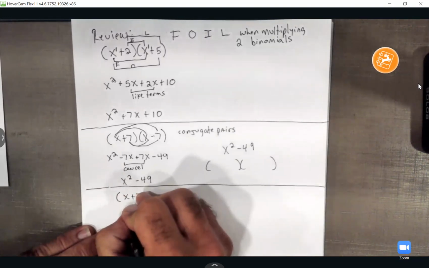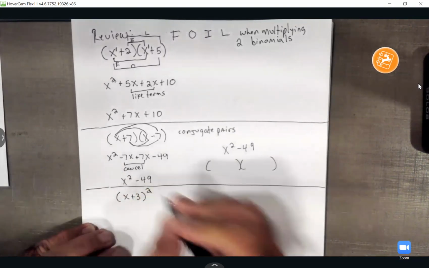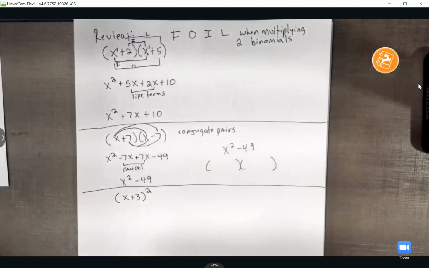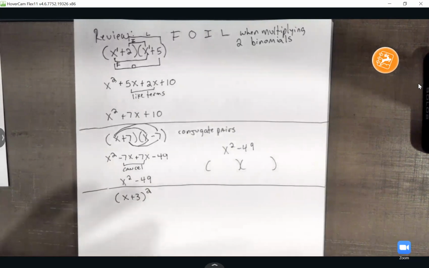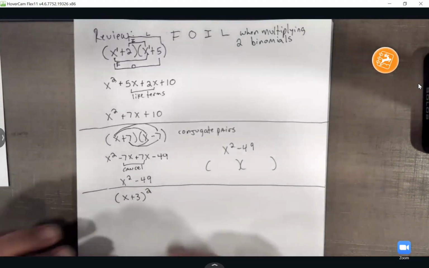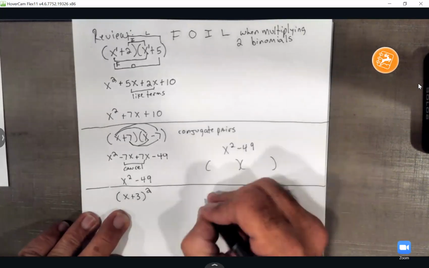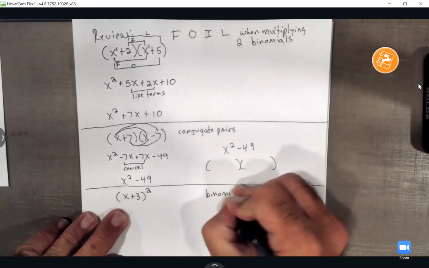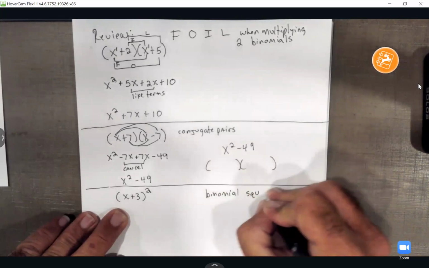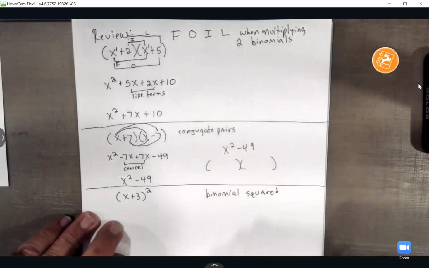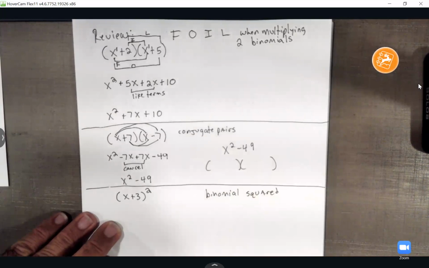So let me see what y'all would do to this. X plus 3 squared. Now, this is where I get a lot of mistakes when people see this, a binomial squared. Can't you just break it into x plus 3, x plus 3?